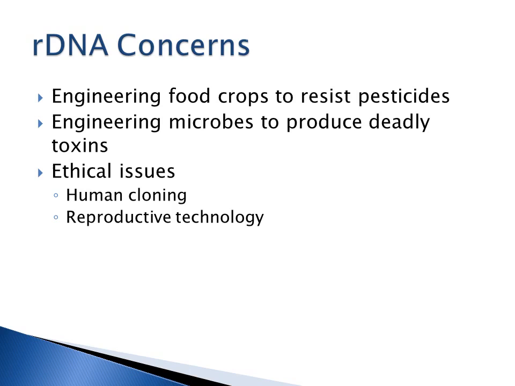Now, in the research lab, we engineer microbes all the time. We engineer microbes to be resistant to numerous antibiotics. That's a concern because if those microbes that now produce a deadly toxin or are highly antibiotic resistant were to get out into the population, you now have a superbug that can cause serious problems.